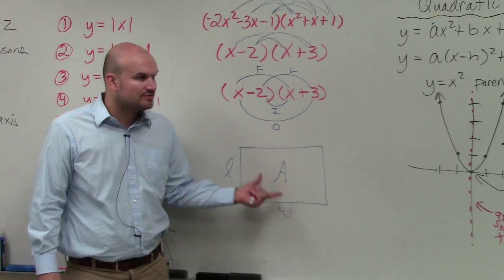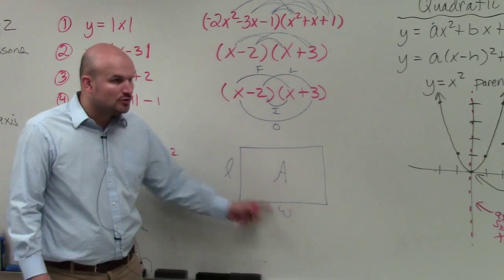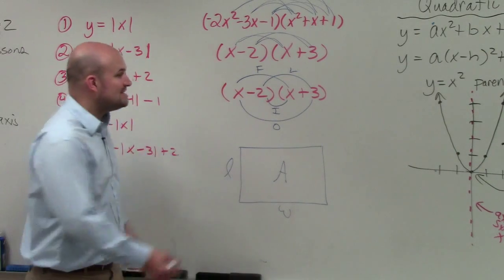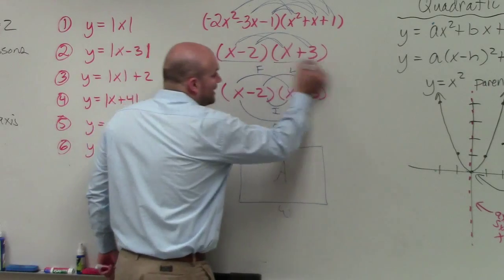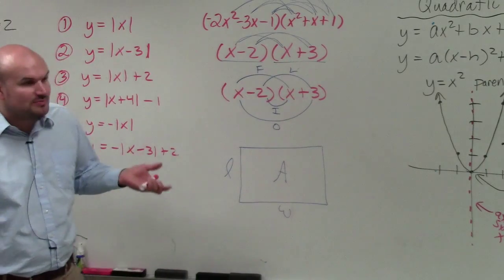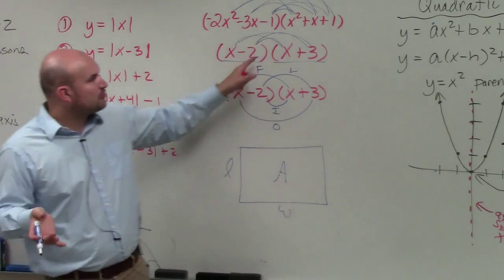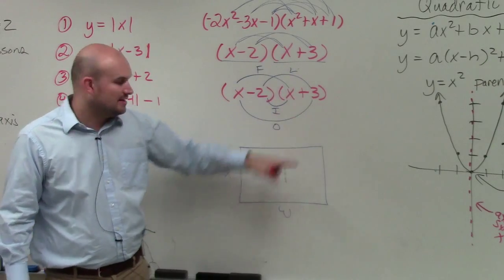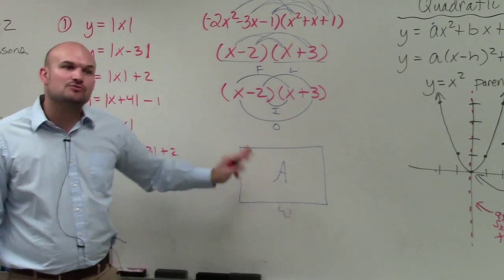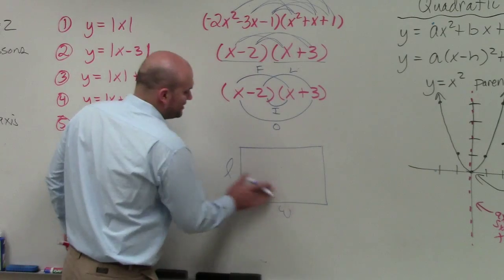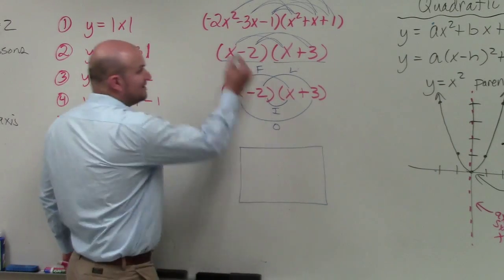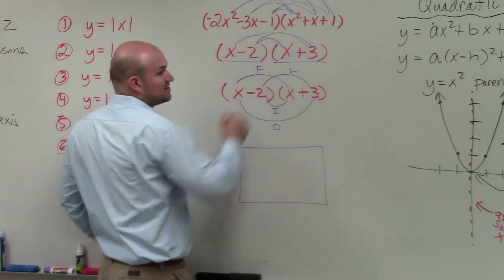All right? The product is representing the area of two dimensions. In this example here, we are really multiplying two expressions. So therefore, the product of these represents the area. So I can use a box to represent the area of that. The only thing I need to understand is one of these expressions is length, one of these expressions is width.